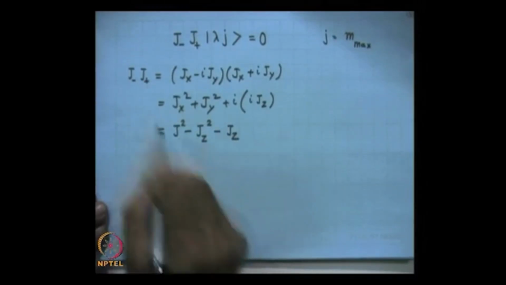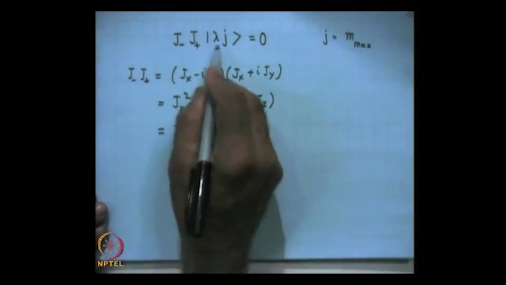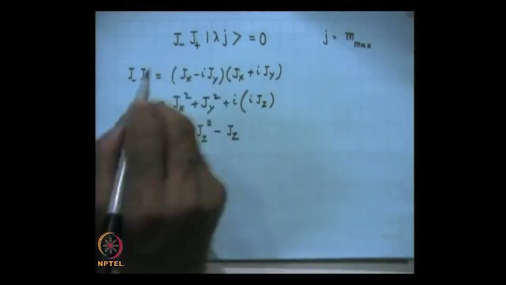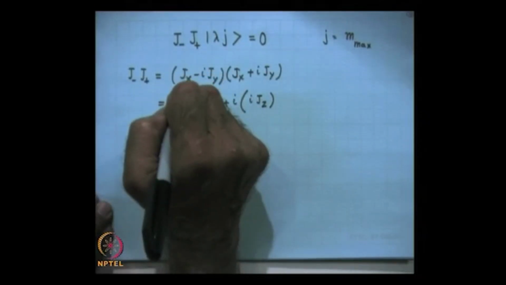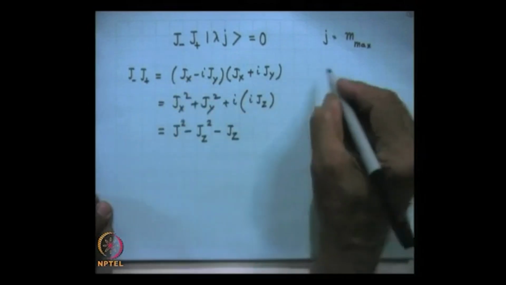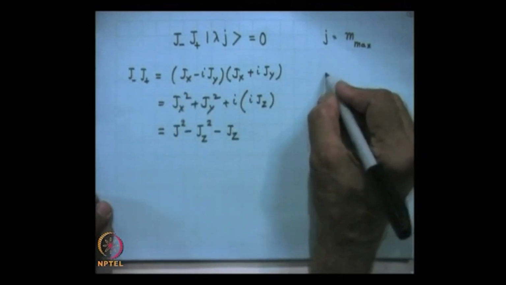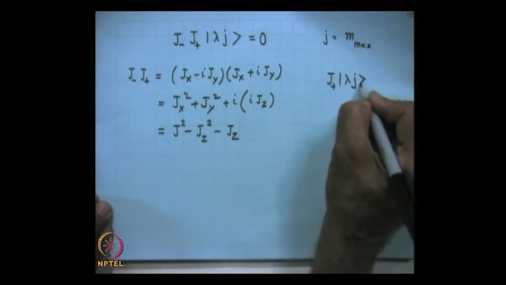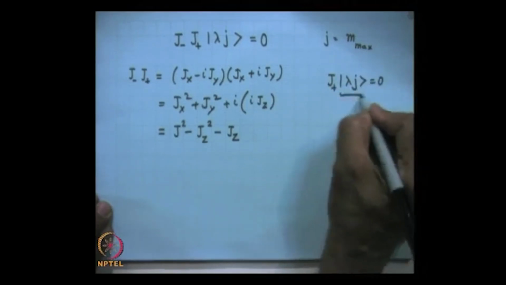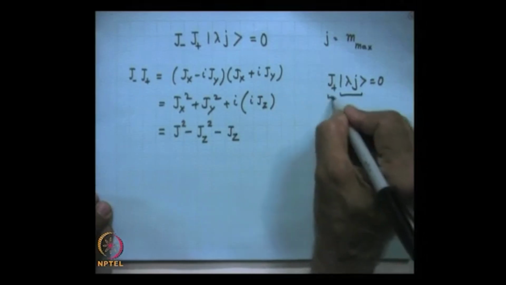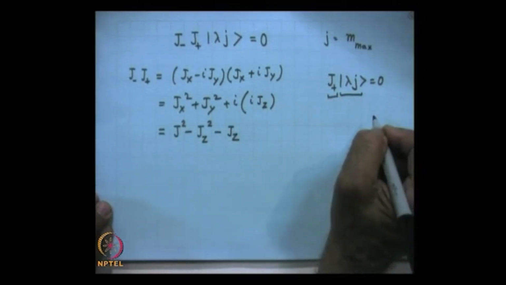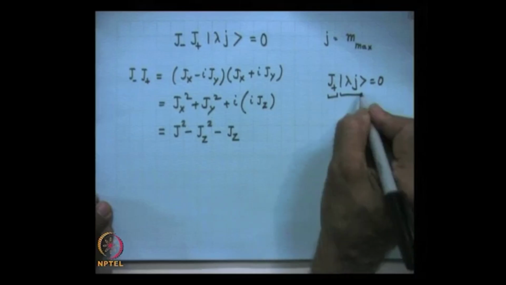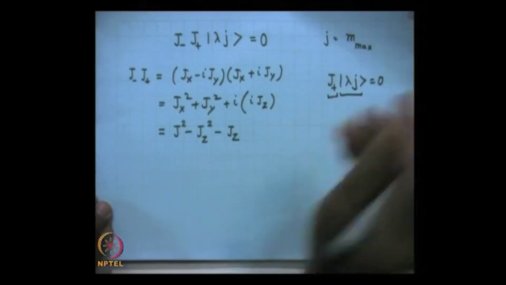So, I operate J minus J plus on this. You must understand the equation that J plus ket lambda j is a null ket. This is not a null operator, but an operator operating on a ket gives you a null ket.